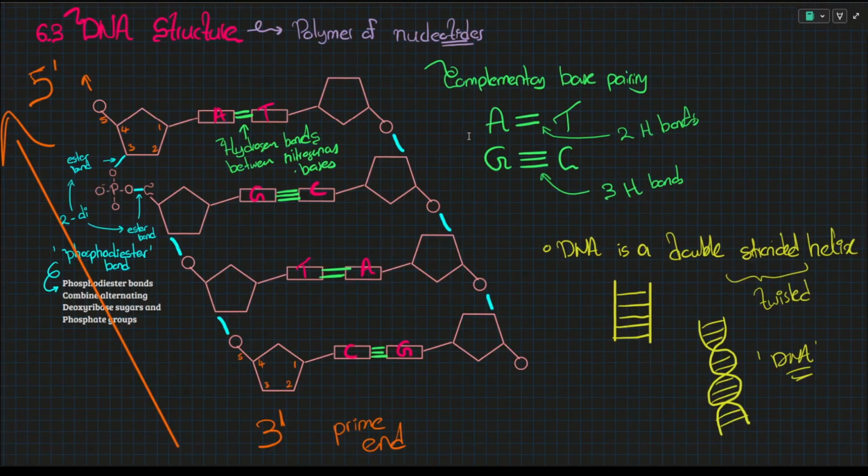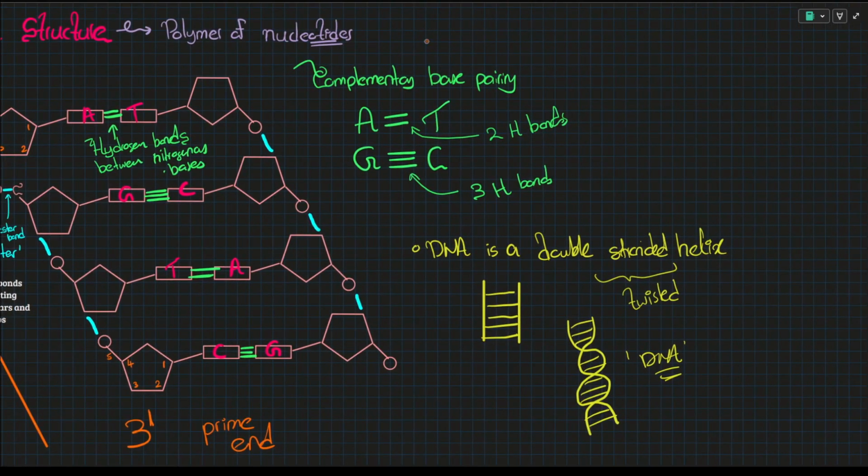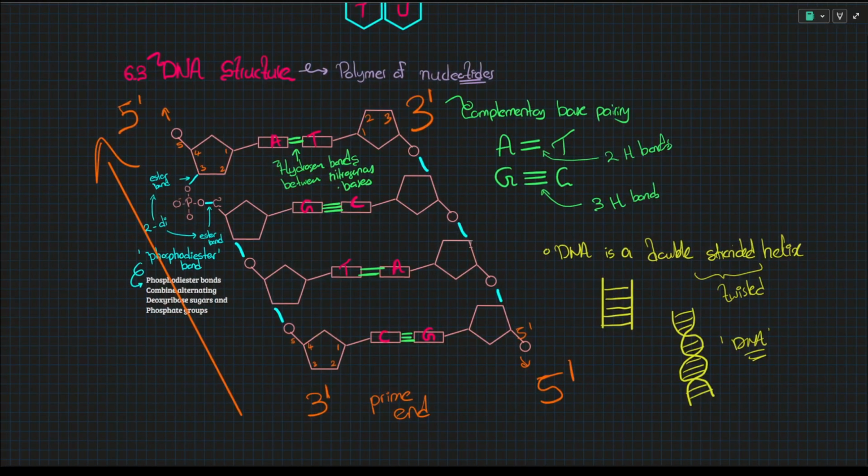If you look at the other strand, the complementary strand, you can see it's the exact same thing, but now 1, 2, the third carbon is here, so that is the 3' end. The fifth carbon here is open, and that is the 5' end. And we're going from this to this direction.